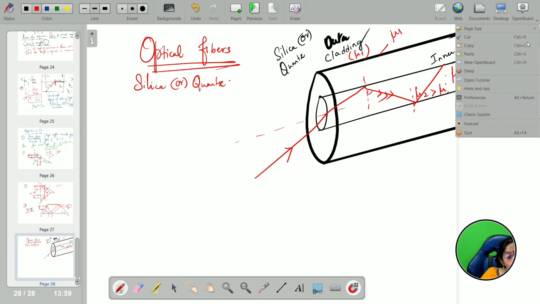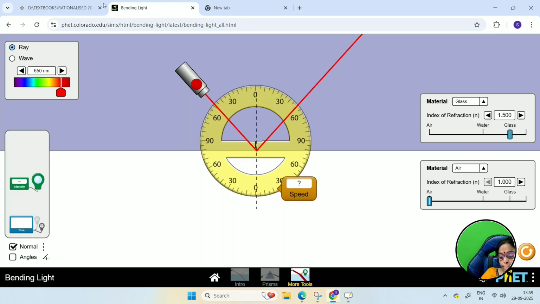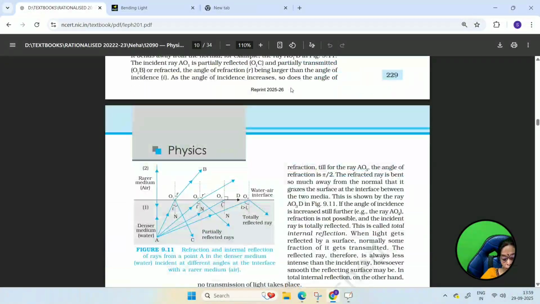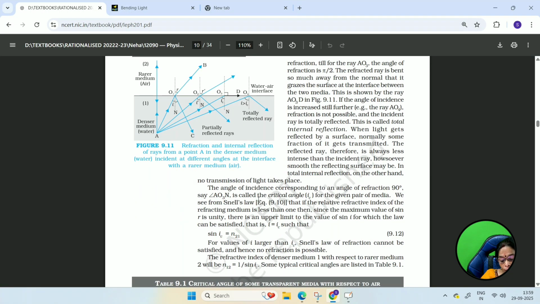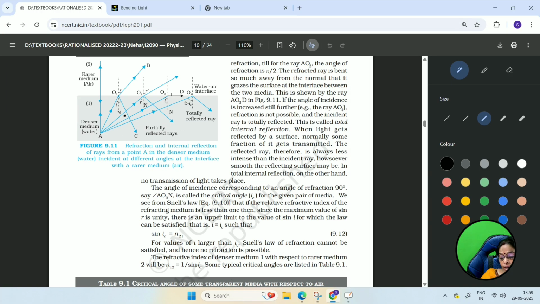Now you check on this TAR. You must have noticed that the ray of light is undergoing refraction. This one is also undergoing refraction.